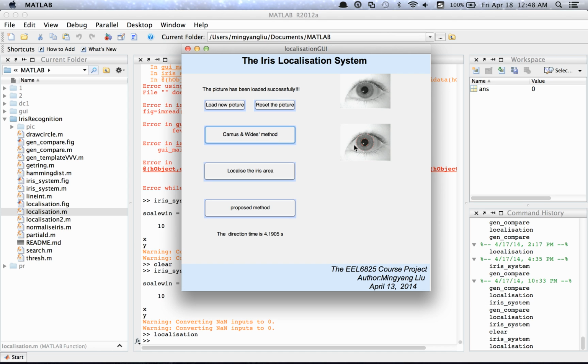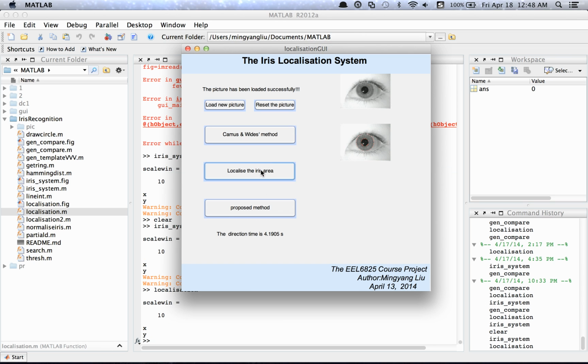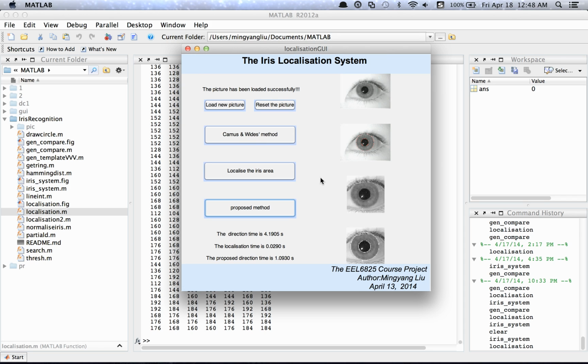You can see that it's declared in a circle, and the time is also shown here. And then we do the localization, which comes out with the close-up of the picture. And we also use the Kramers and Wales method to search this picture, and then we use the white circle to determine the boundary. And then we add the 2 times in the second algorithm together. We find that even though we add 2 times, it is smaller than the first one. So the second method is faster than the first one.